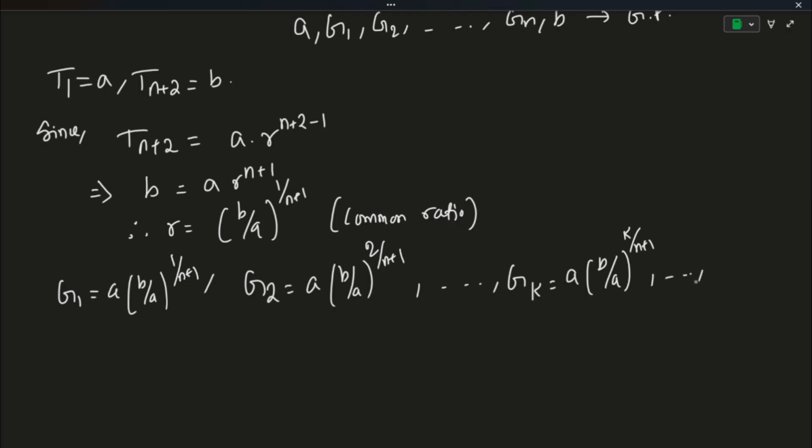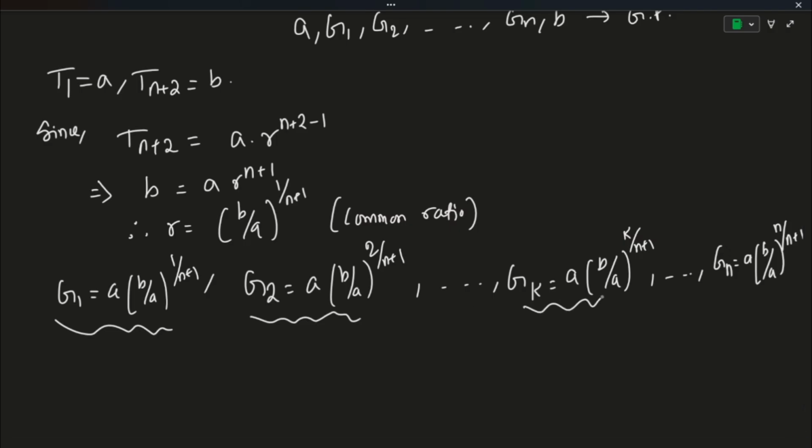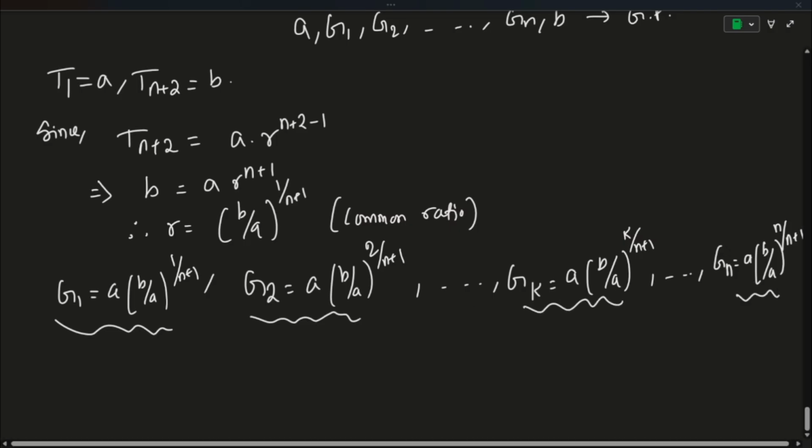And finally, the last Gn is going to be A into (B by A) to the power n by n plus 1. Okay, these are going to be your n GMs, and any general Gm is also given. So this is how you have to insert GMs. Okay, so I think this is pretty much clear to you, how you have to approach these questions.